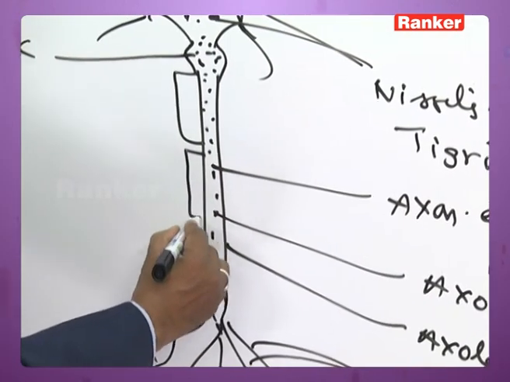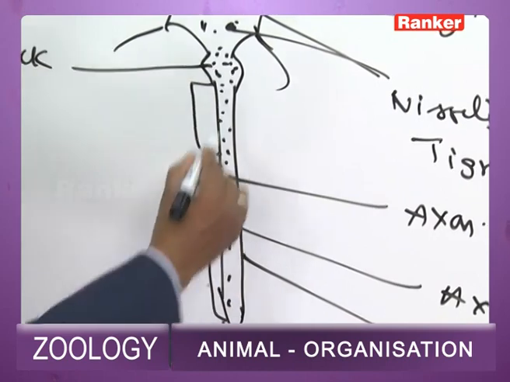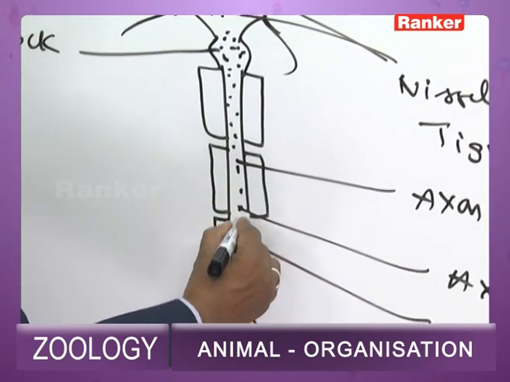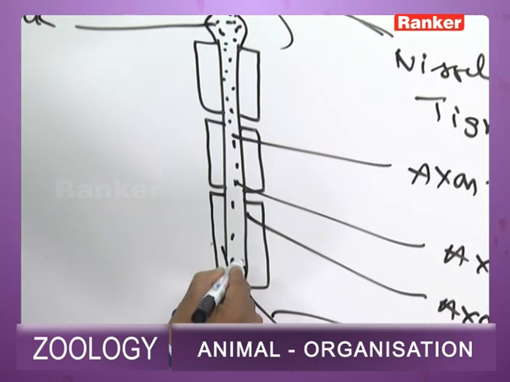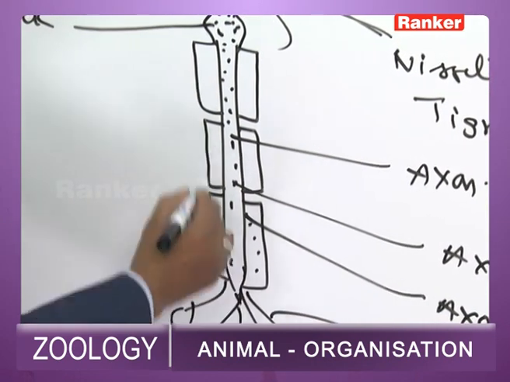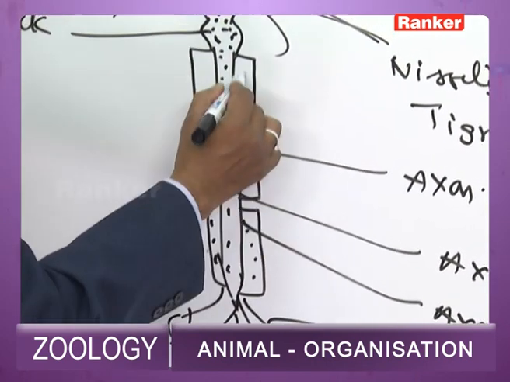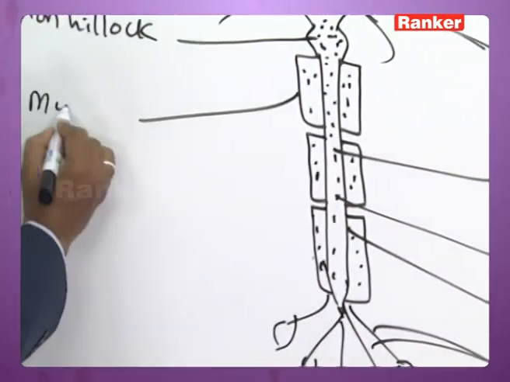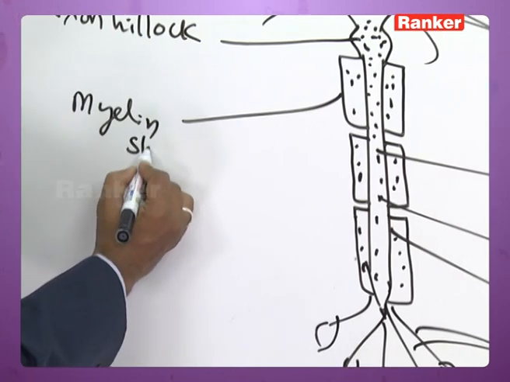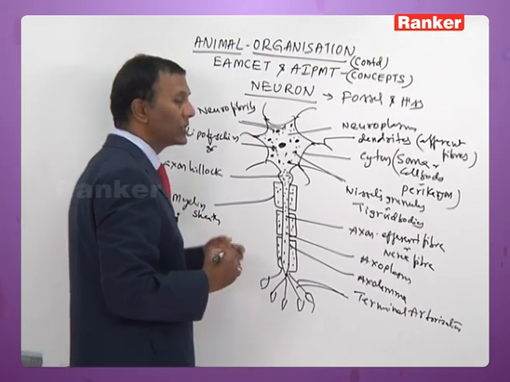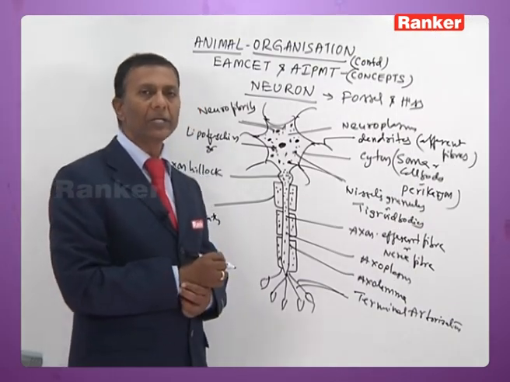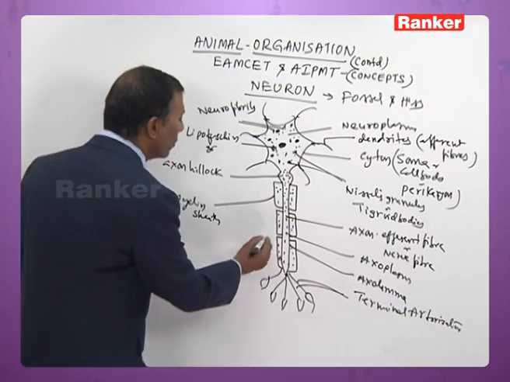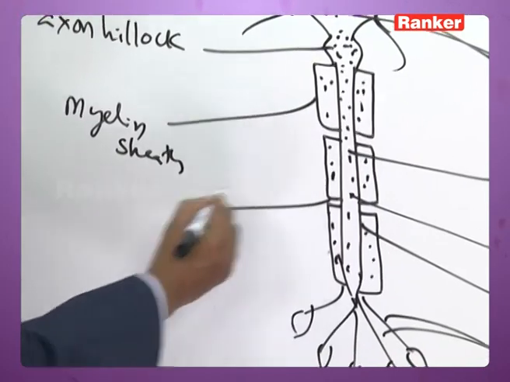Like this, there is a deposition of myelin around the axon, and this is the myelin sheath, which is also called medullary sheath. The myelin sheath is interrupted at certain places to form nodes of Ranvier.